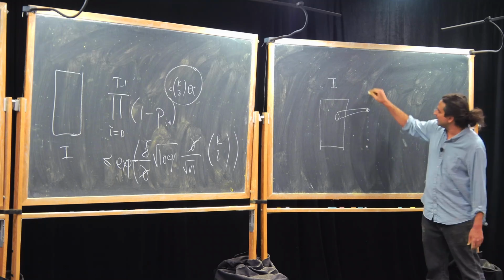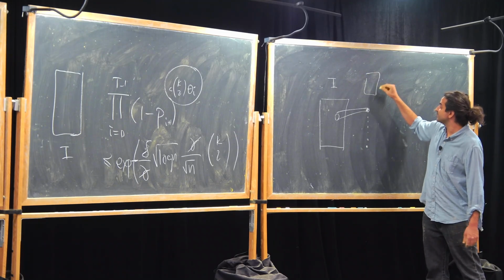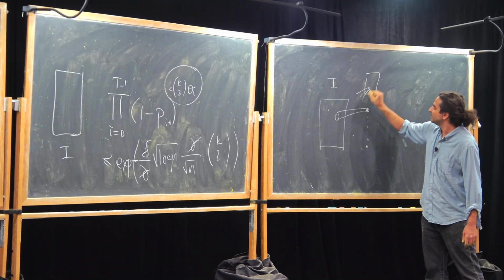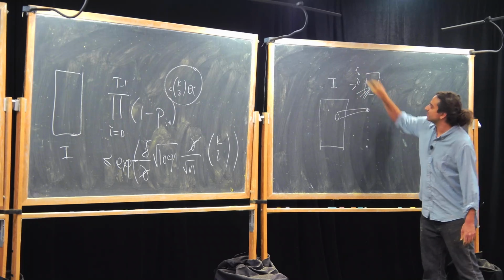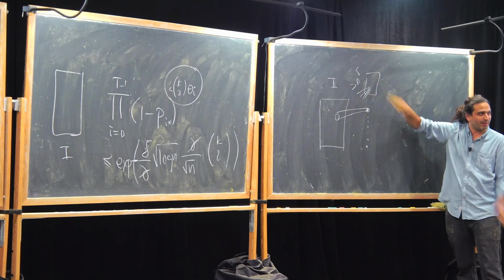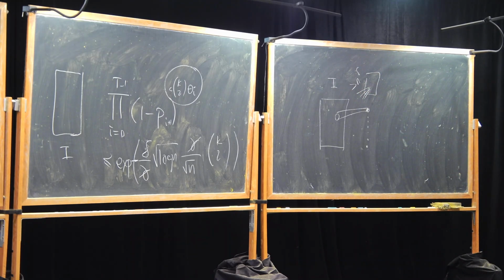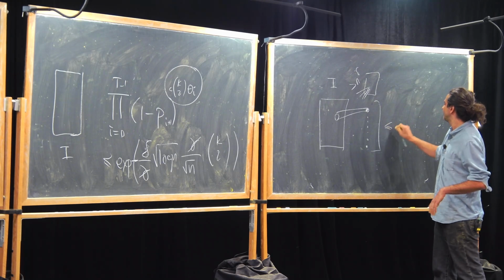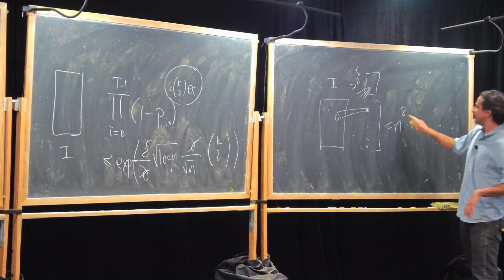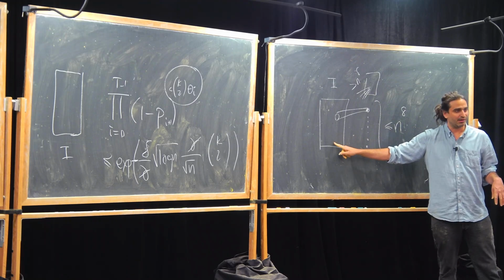Now there might be a few vertices that send lots of edges, say more than n to the delta. Let's pull those aside, and we have to deal with them in a different way that I don't have time for now. But imagine everything here has at most n to the delta neighbors over here.